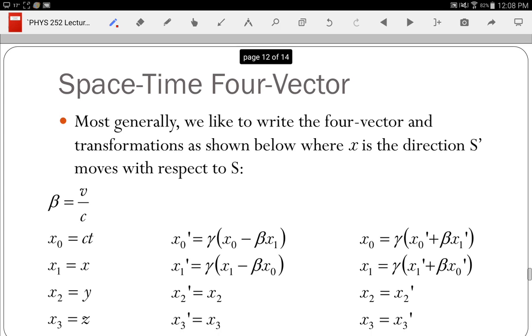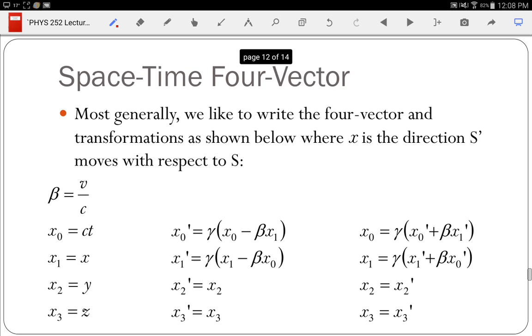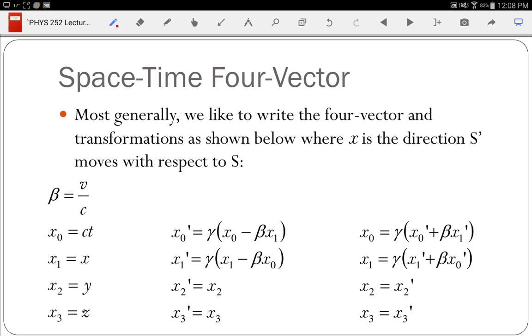So, now we actually have our conversions. Taking what we've done, we can do our conversions now between the unprimed frame and the primed frame using what we've just found. What is beta? V over C. So what we've taken is this, right?